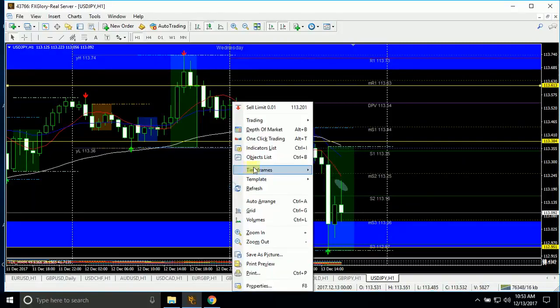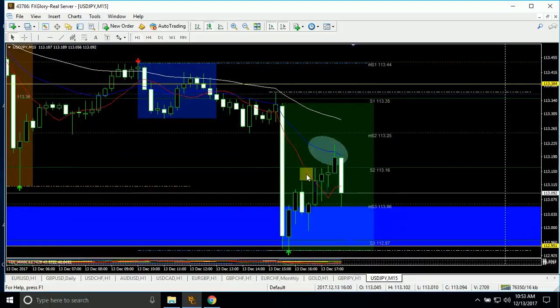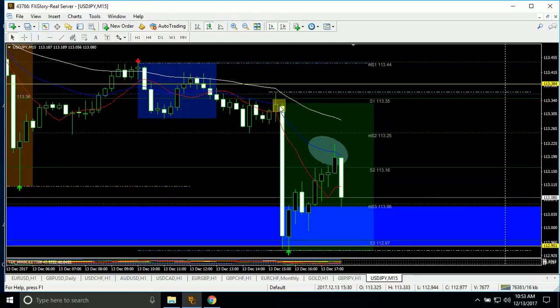So what I did was I waited for the next bearish setup, which was here. This candle close told me to sell. Again, no sweat.